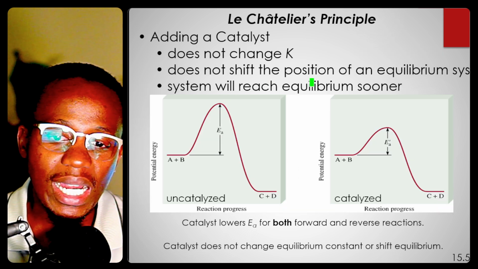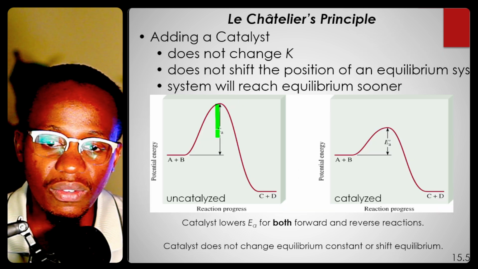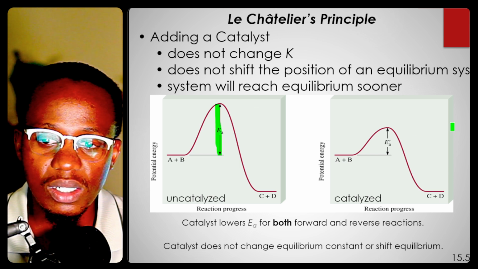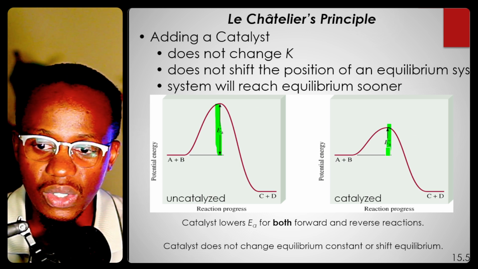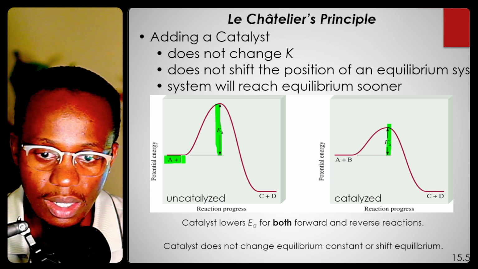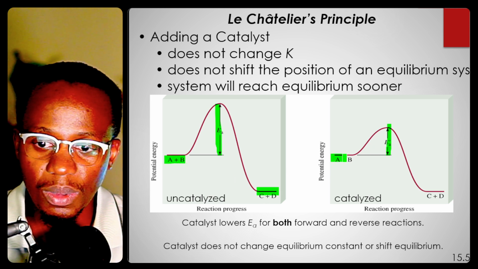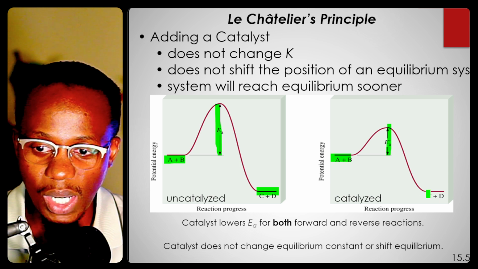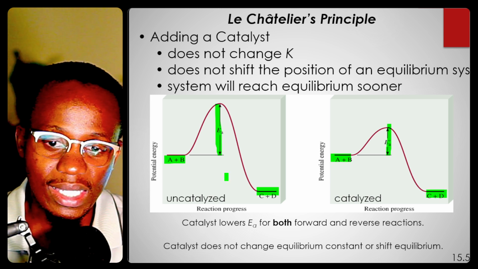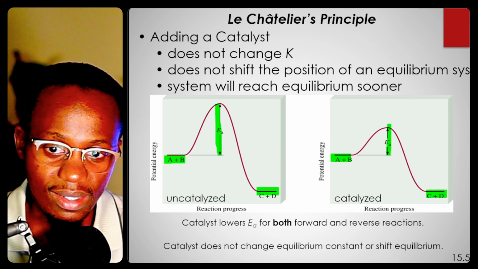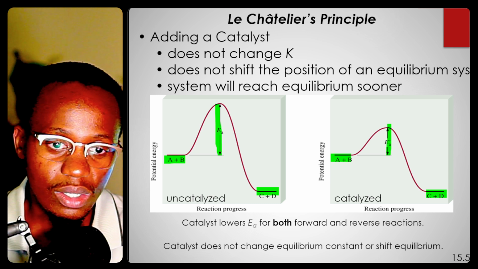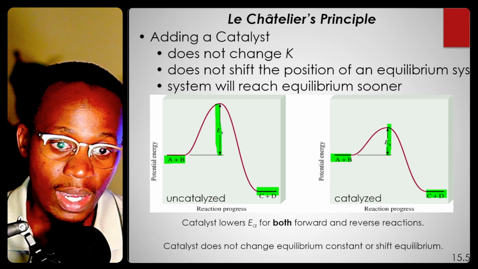If you remember, catalysts lower the activation energy. So you start with a large activation energy, and they lower it. But because catalyzed and uncatalyzed reactions start and end at the same point, that's why it doesn't change the concentrations or equilibrium, right?